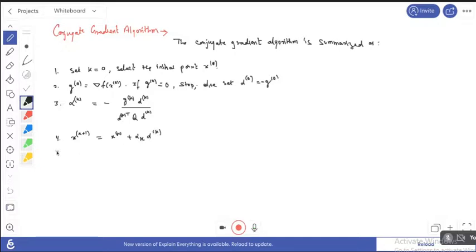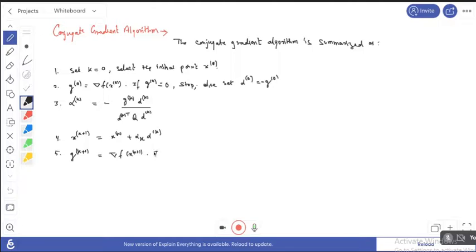Then next is gk plus 1, which equals the gradient of f at the point xk plus 1. So the initial one is gk, and then gk plus 1 equals this.